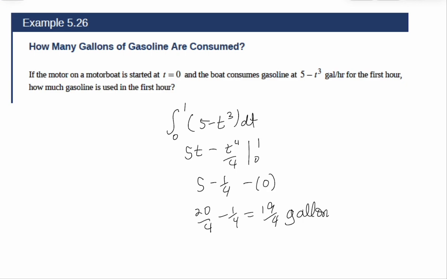So if we were thinking as far as decimals, that is 4.75 gallons. So that is an application problem.